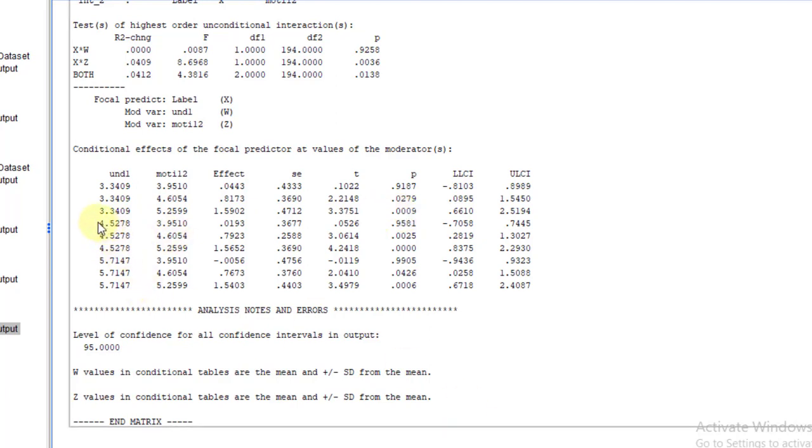For the second set of three values, understanding is at a medium level and motivation at low, medium and high levels. We can also see that when motivation is low, we get a significant effect. Further, the same when understanding is at a high level and motivation at medium and high levels, they are playing an important role in making the results significant.